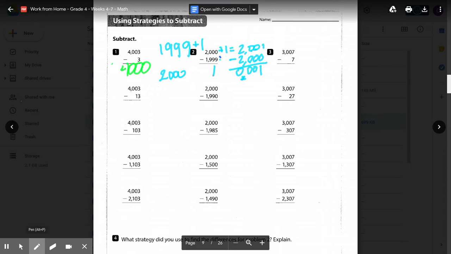All right, and for number 3, we are going to use the method of equivalence. So when we're looking at equivalence, we try to come up with a number that we can use, kind of like adding up, but it might not be that we add to it.